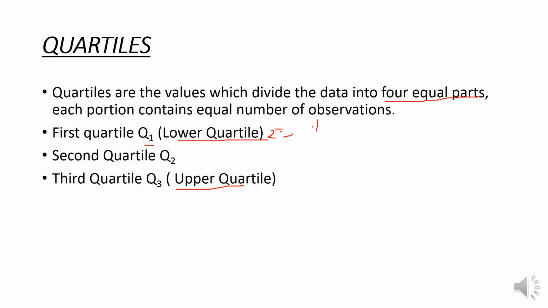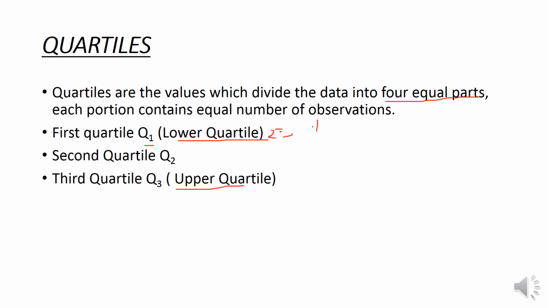The second quartile Q2 has 50% of the items below it and 50% above it. The third quartile or upper quartile has 75% of the items below it and 25% of the items above it.